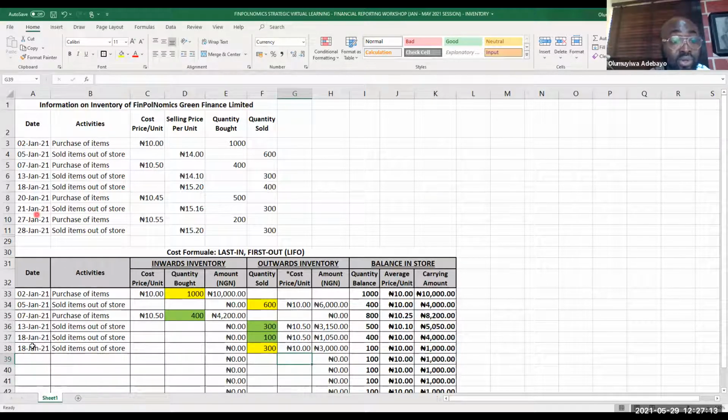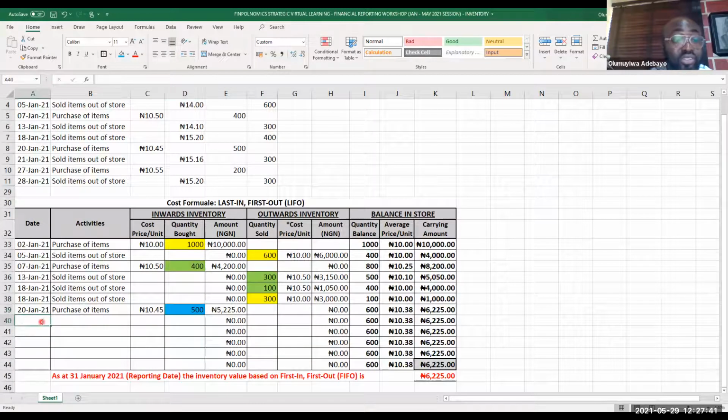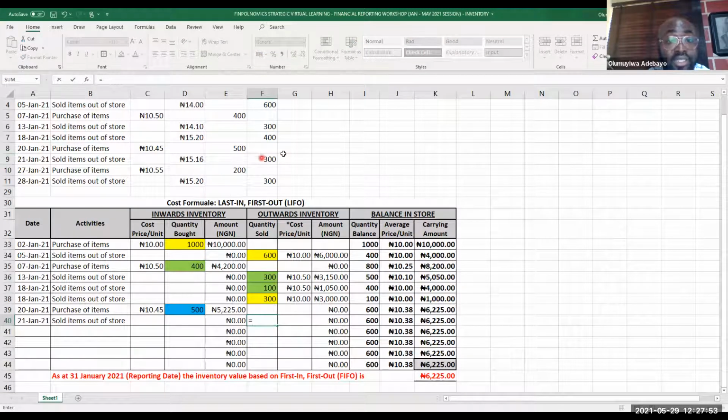Okay, now on the 20th, I made additional purchases at the price of 10 naira 45 kobo. How many units? 500. Therefore, I can call this blue batch. Now, on the 21st, I sold 300.